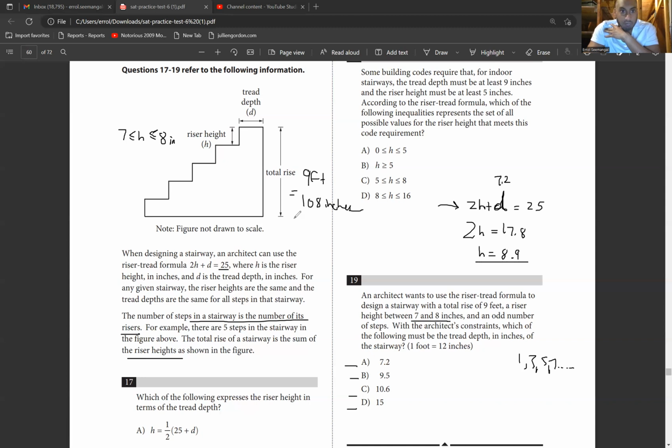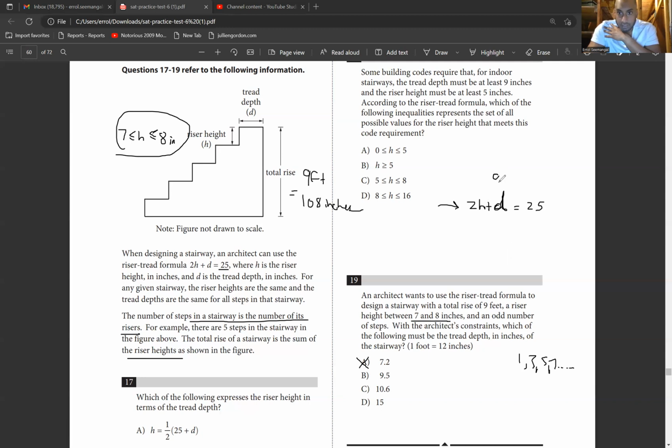Is 8.9 between 7 and 8? No. So it doesn't look like it's that one. I think this might be how you do it. If we plug in the 9.5 for D, is it between 7 and 8?